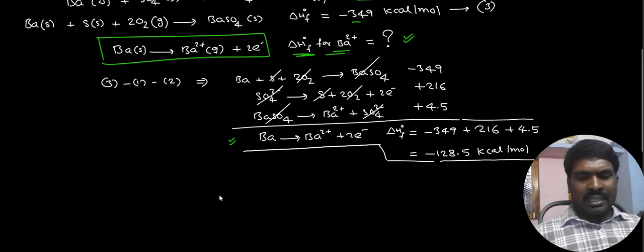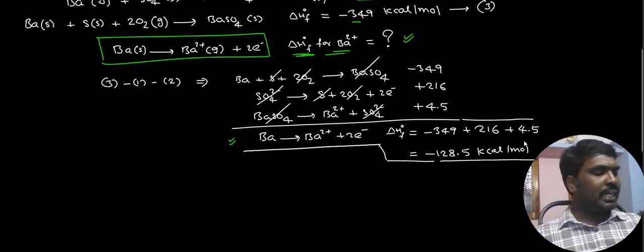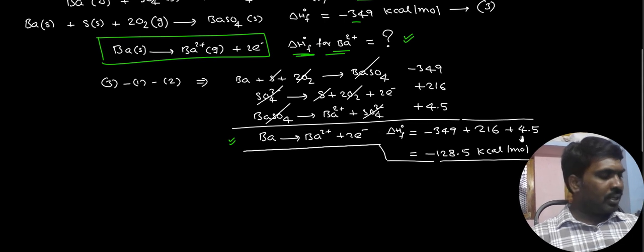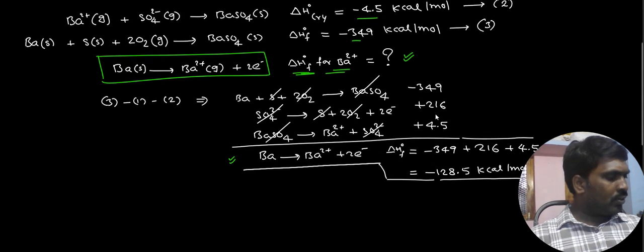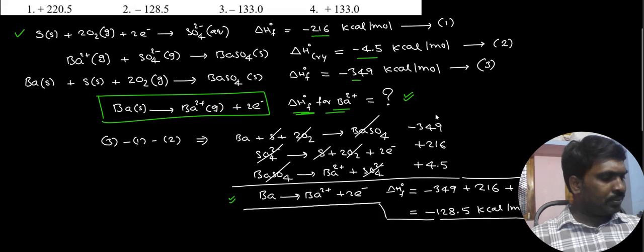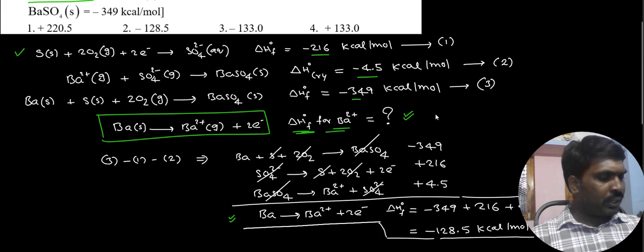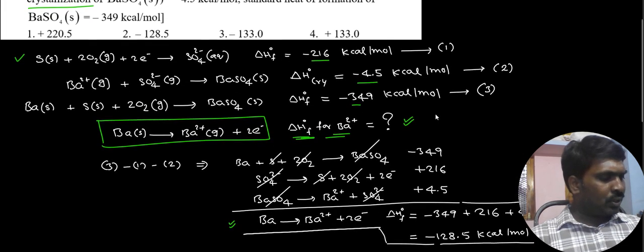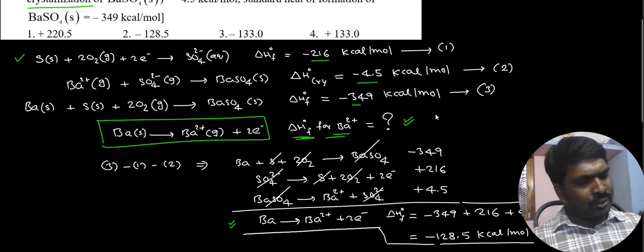Then standard heat of formation of barium 2 plus ion is equal to minus 349 plus 216 plus 4.5. Finally we got minus 128.5 kilocalorie per mole. So which one is right answer? Minus 128.5 means option 2 is right answer.